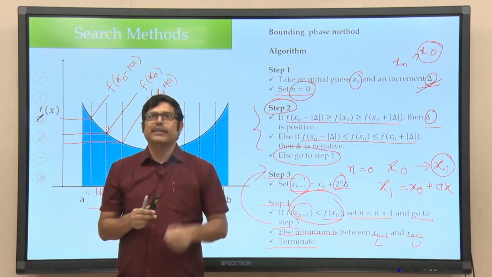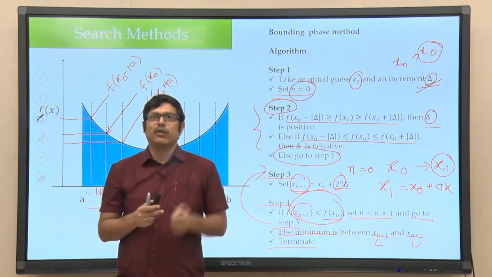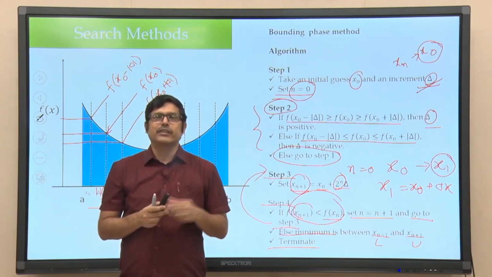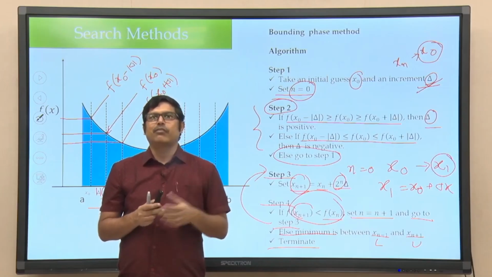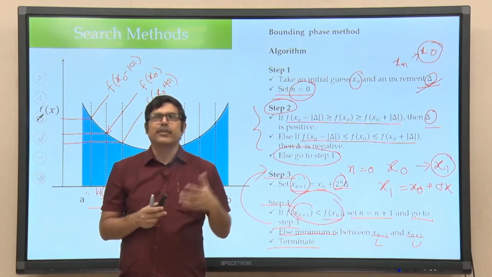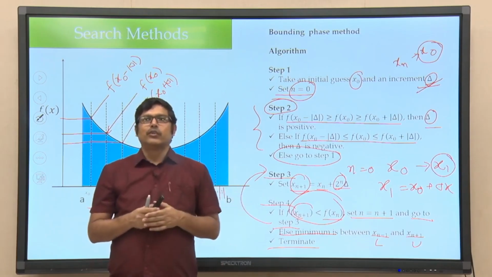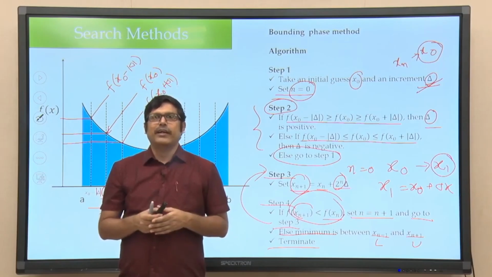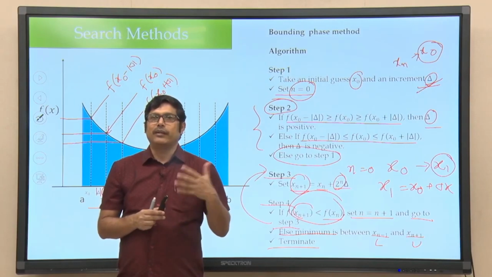Whenever I say exact optimal solution, you may not get it exactly, because you have to rely on some precision. Suppose I need a value that is precise enough, say 10 to the power minus 3, 10 to the power minus 6, 10 to the power minus 15. If that level of precision is reached, I can say that is the optimal solution of this particular problem.